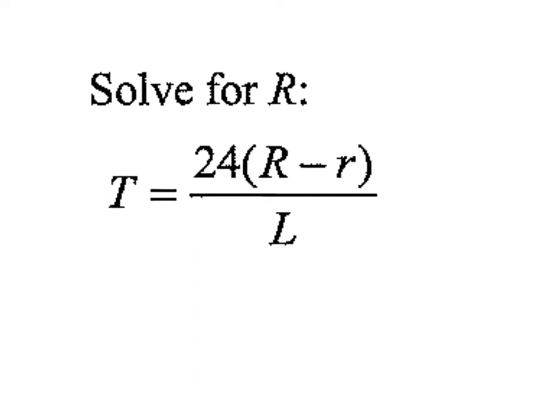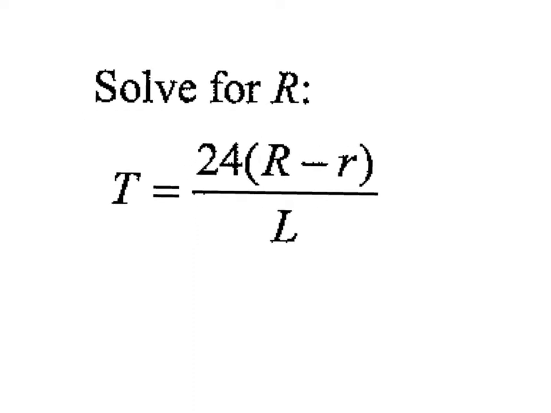solve for r. So what you could do is you could multiply this side. There's two different ways. You could do it how we've been doing, get the same denominator. So I multiply this by L over L. This cancels out, so now I have LT equals 24 times the quantity uppercase R minus lowercase r.